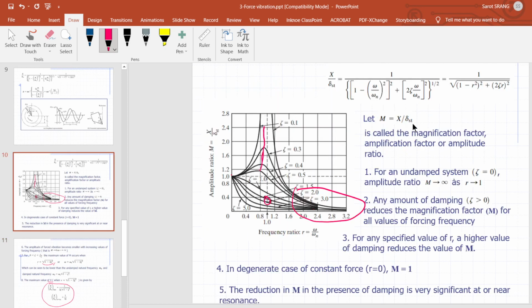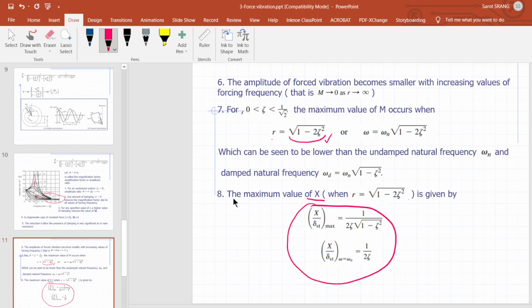So in summary, from this one equation, you can make a family of graphs with the parameter of damping ratio. Then you can make a summary with 8 points, from 1, 2, 3 until 8. I think for 1 degree of freedom vibration, if you understand all these 8 points, it means you have insight into the vibration itself.